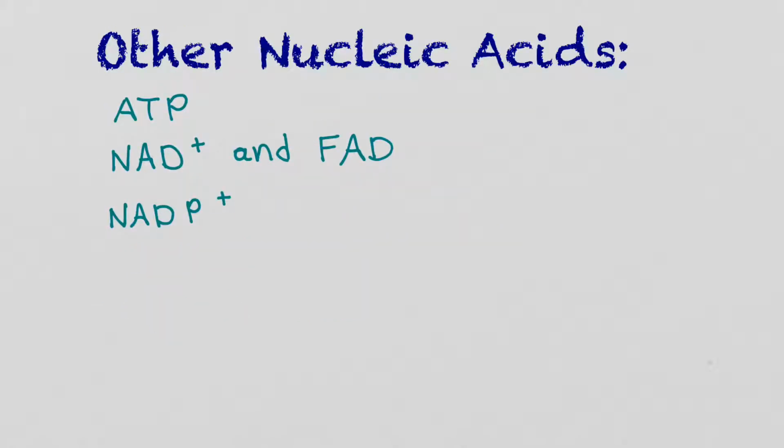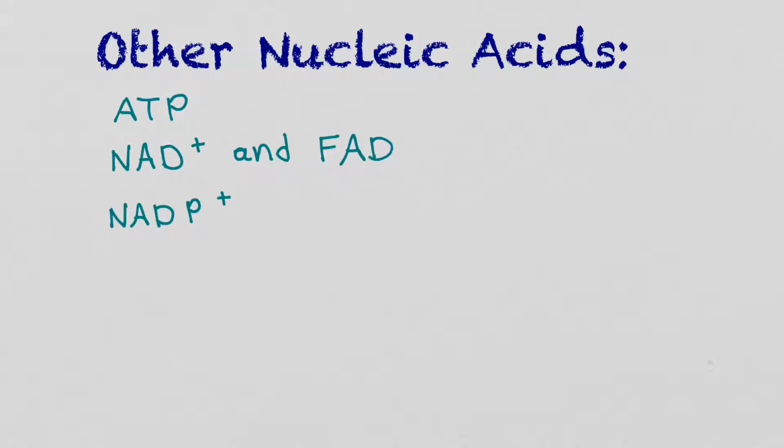So there are a few other nucleic acids that don't fall into the category of DNA and RNA, and we've actually talked about those over the course of our metabolic processes unit. So ATP and AMP are all energy carrying molecules. ATP, if you remember, drives all our energy requiring reactions in the cell.